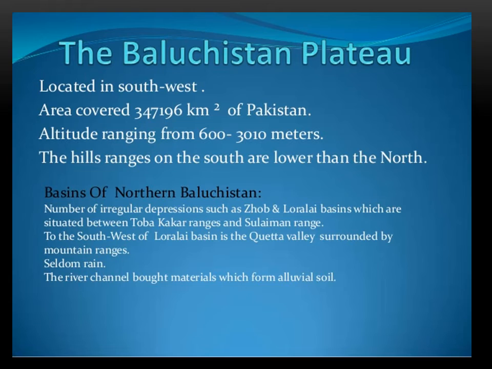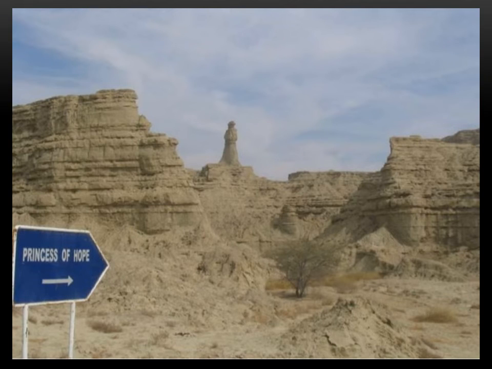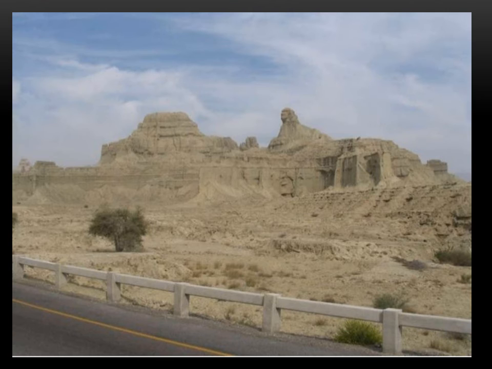So, I will explain these terms in the next lectures with specific images. This is the Balochistan plateau. You can see the rugged landscape and the topography of the Balochistan plateau here.